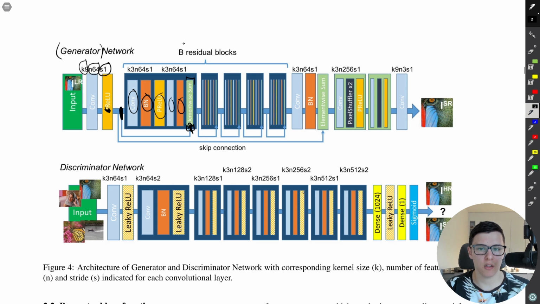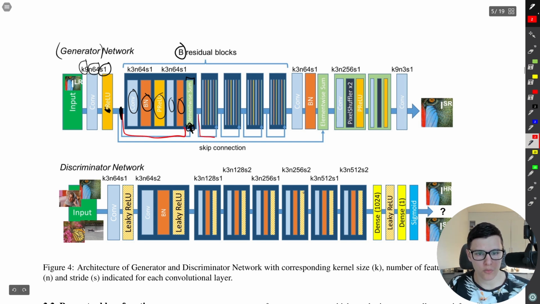And they do this for B residual blocks, where we have the residual connection right here, then we have one right there. So for each residual block, we take the input, and after one residual block, we add a skip connection, and we do that for all of them. And specifically, they'll mention later on, I think, that they set B to 16. So they have 16 of those residual blocks.